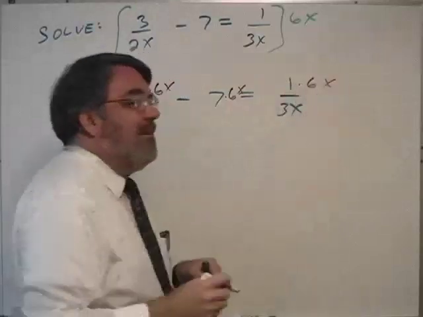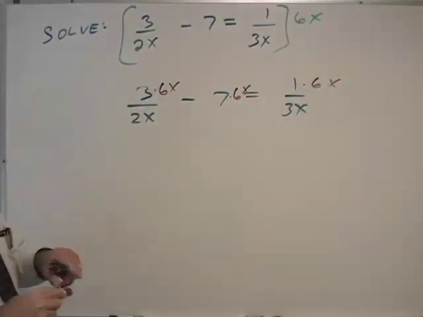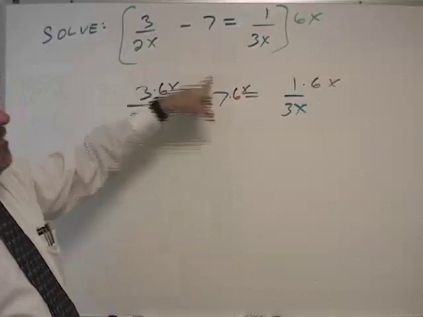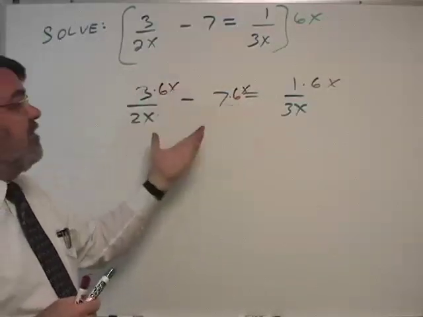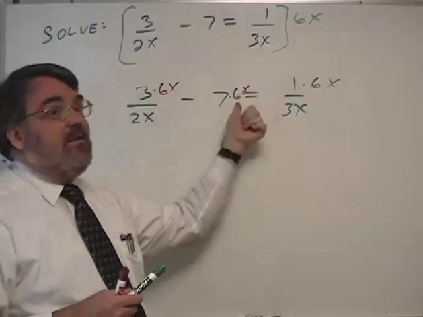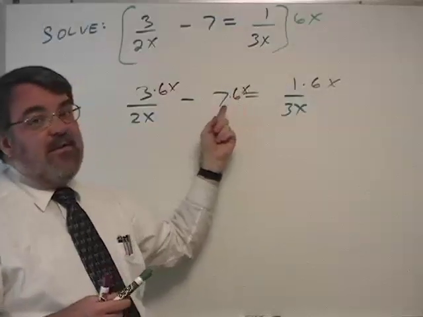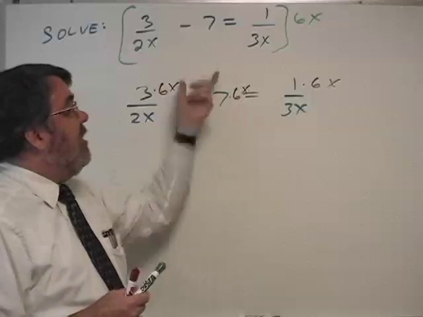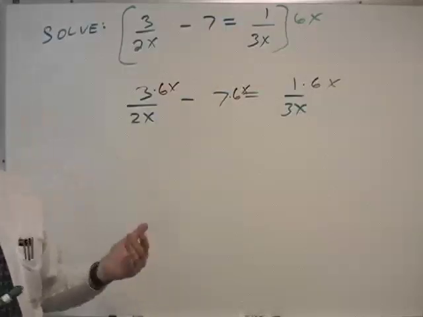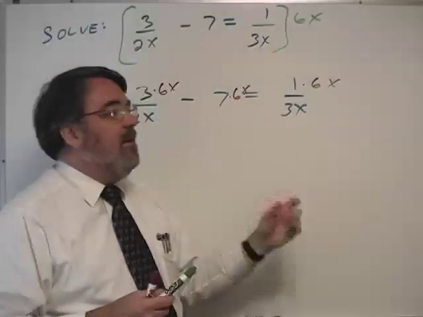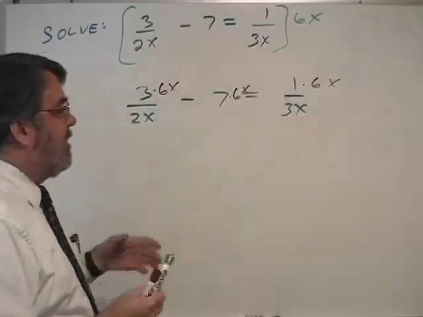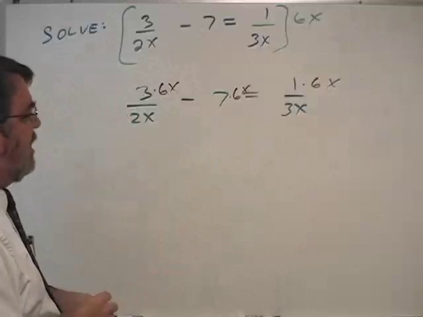And here's a misconception. This number, even though it's not written as a fraction, is also part of the problem. You must also distribute the 6x so that it multiplies the 7 as well. So a number that's not a fraction is not exempt. When you multiply the equation, you distribute throughout the equation, every term gets multiplied by, in this case, 6x.